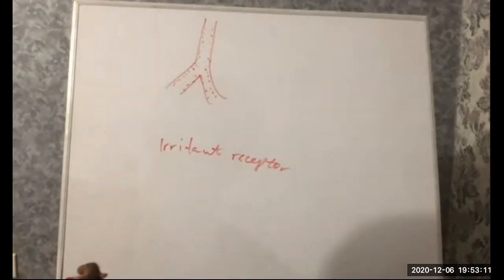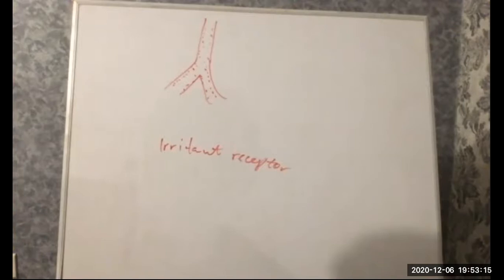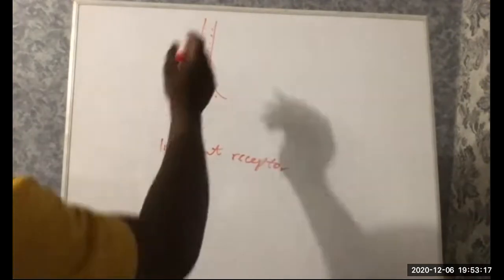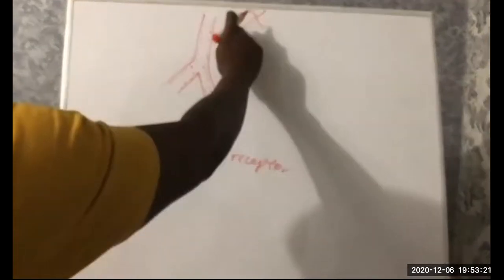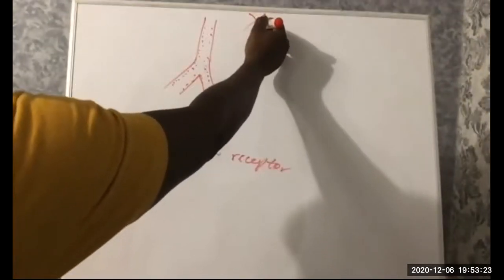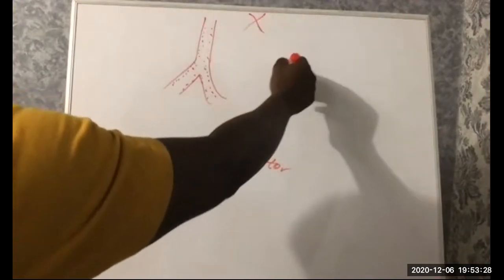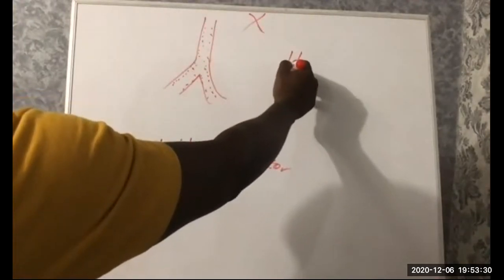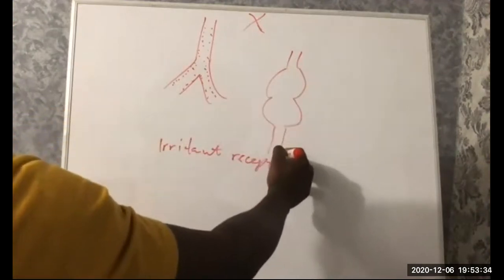Ideally, these are receptors for the recurrent laryngeal nerve. Okay, so the laryngeal nerve is a branch of what? It's a branch of the vagus, right? Vagus nerve. So this information will be sent to the medulla. Okay, so this is our midbrain, pons, medulla, then we have the spinal cord.